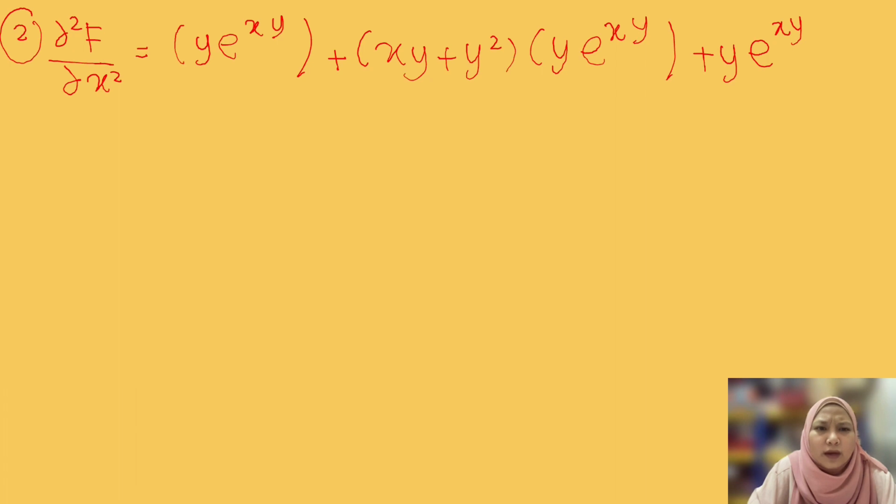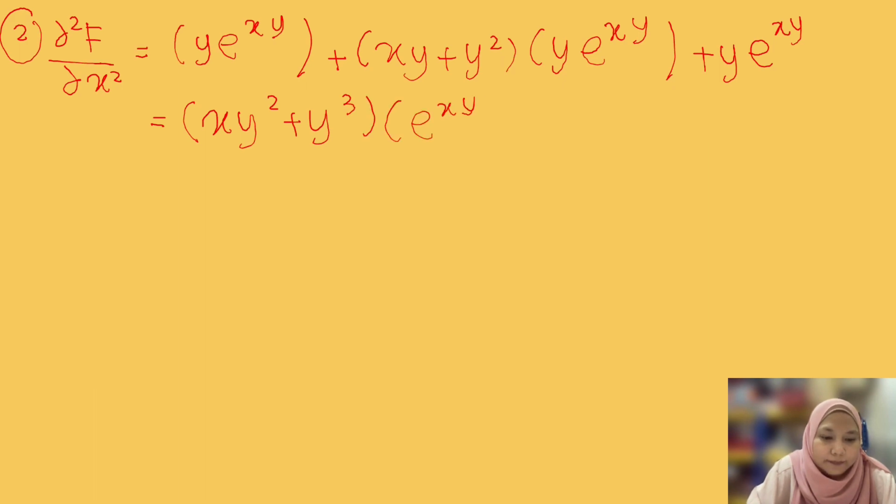You need to be very careful with this one, because the function will get long as you differentiate, since this one applies the product rule. Then we simplify, we get xy squared plus y cubed exponent xy plus 2y exponent xy. Another one you need to differentiate with respect to y again, second order.